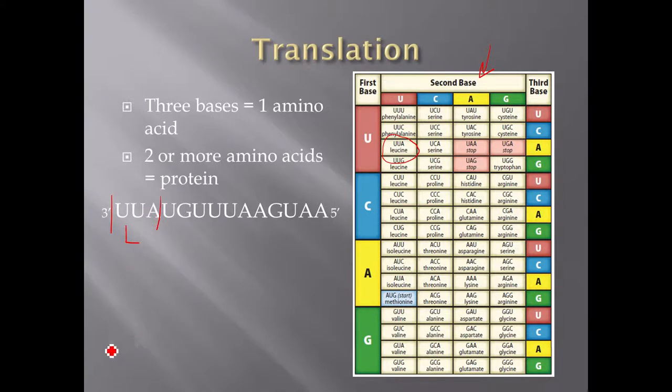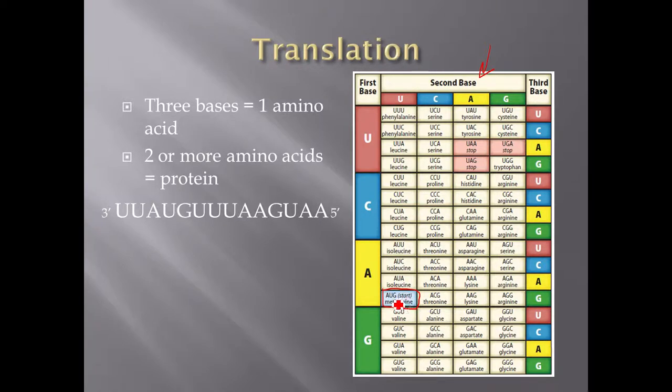However, the code's a little more complicated than that. What really happens is that you can't actually code for anything until you've hit the start button. And you're probably like, start button? What are you talking about? If you look right here, there is an amino acid called methionine. It's called the start codon.